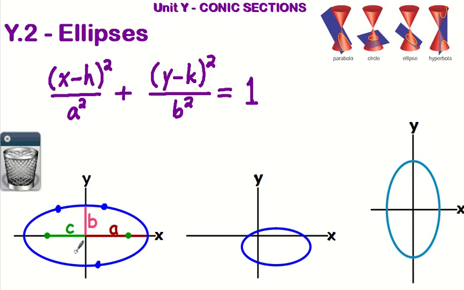It's a collection of points where the sum of the distances to two focus points is always the same. It's a very weird, fancy, technical way of just calling it an oval.